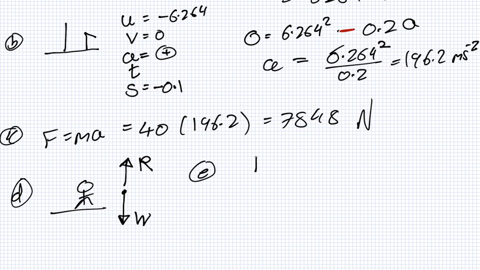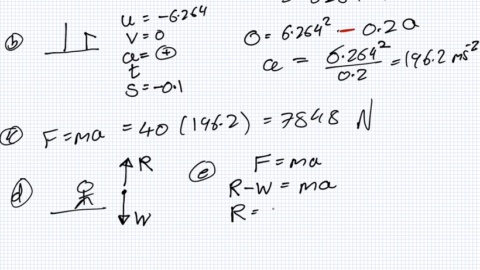So here you have F equals ma, and that is upwards because it's positive. So that means the R is bigger than the W. So R minus W equals ma.